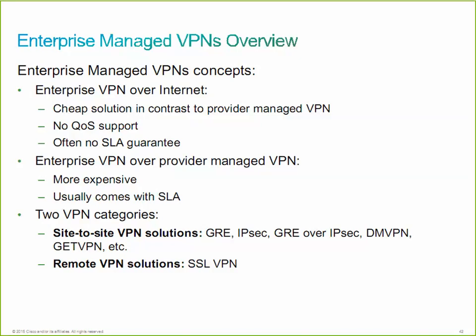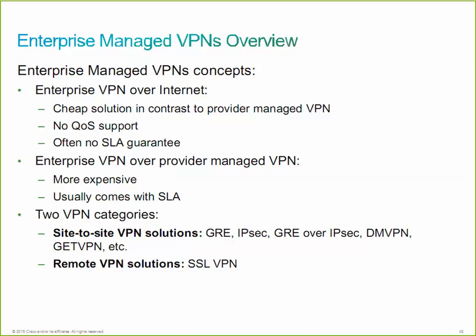So to overcome that particular drawback, we use provider managed VPN services as our underlying network to implement a VPN solution over that particular network, right? So we would combine kind of two of those aspects.